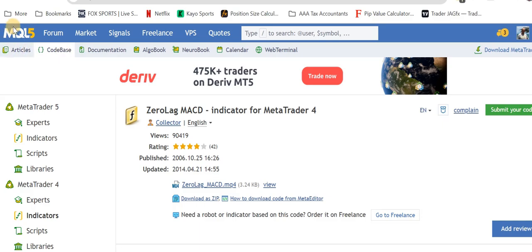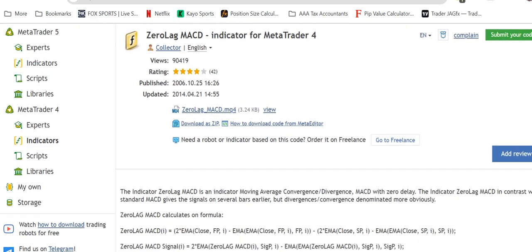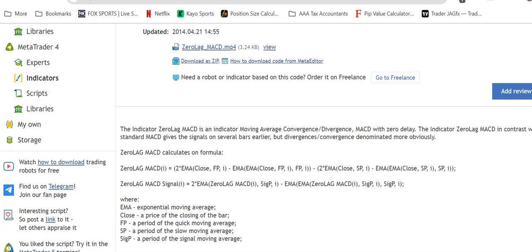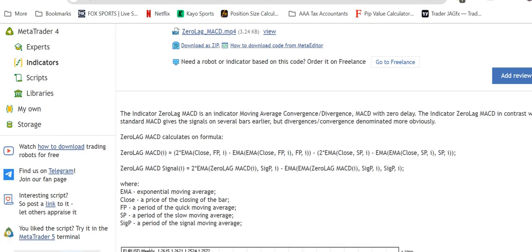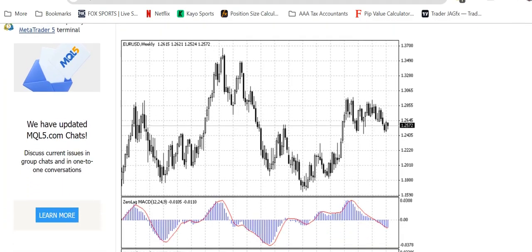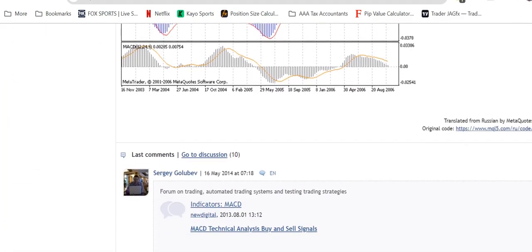But we'll have a look. From the MQL5 site, which is a great site for a lot of information. Zero lag MACD. You can have a look. As I said, I'll put these links in the description of the video. It just tells you what it is. I'll probably cut it off a little bit there, but you can read it. If maths is your thing, that's fine, but I look at that and I get a sore head. My brain just fogs over. It gives you descriptions. There's a bit of discussion.